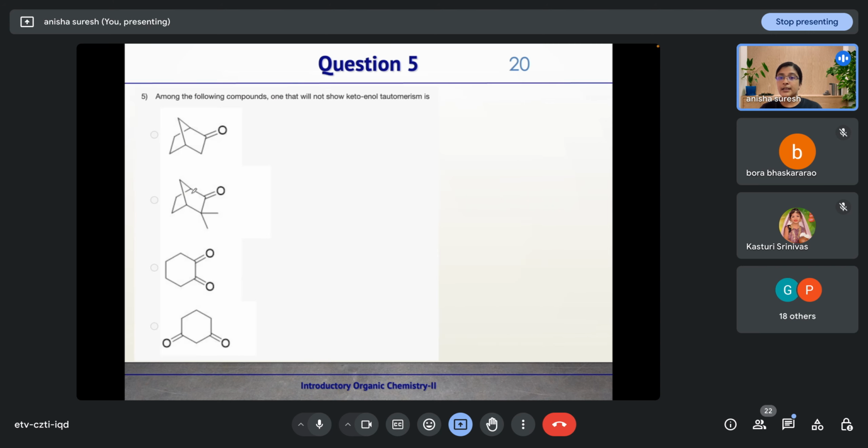So in this case, the alkene that will be resulting will be at the bridgehead position. So here keto-enol tautomerism is not favored. In all other cases, there are alpha hydrogens that could be abstracted.